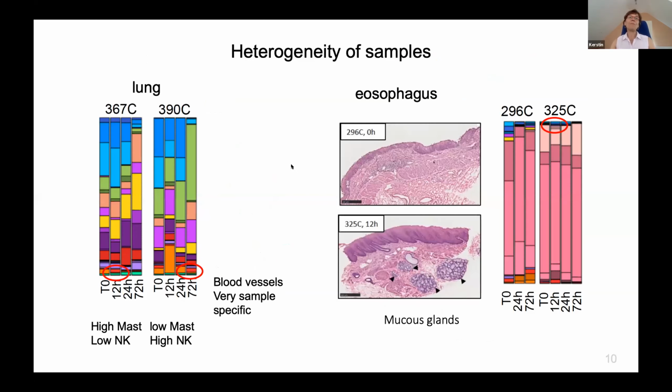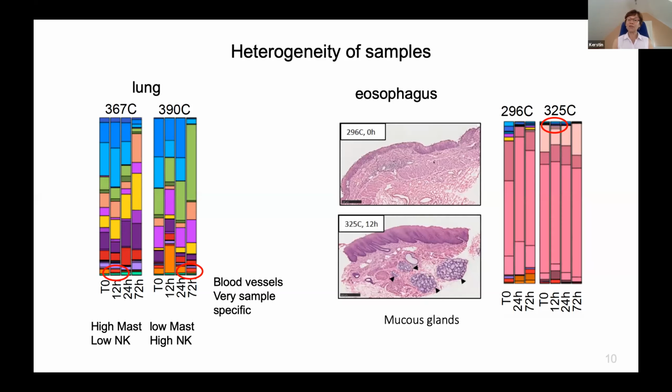Another aspect that was quite interesting was the heterogeneity of the samples in terms of the microanatomy. So here are just two lung samples, and mostly we saw very few blood vessels. But in these samples that I've highlighted here, there were more blood vessel cells. And we think this is most likely simply because the microdissected piece of tissue had more blood vessels in it.